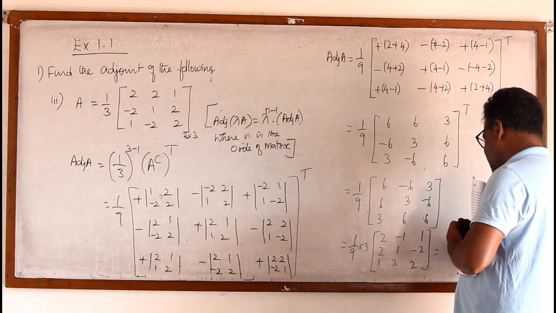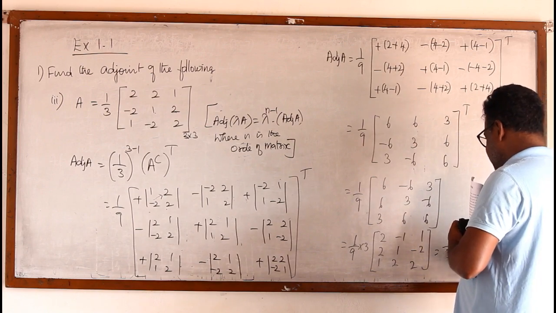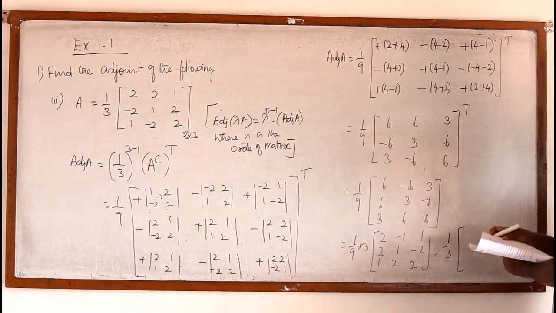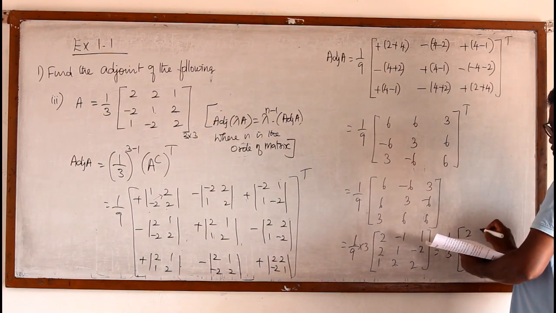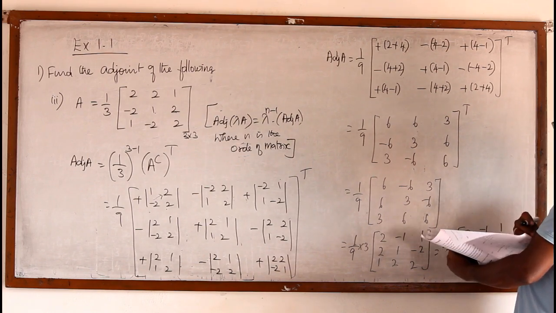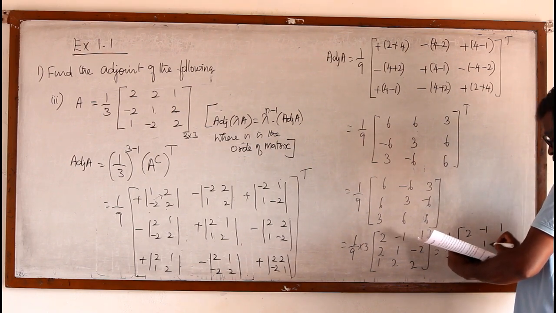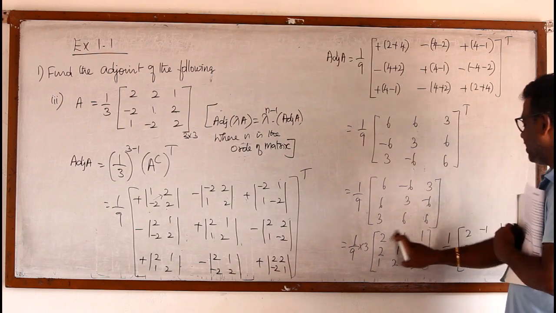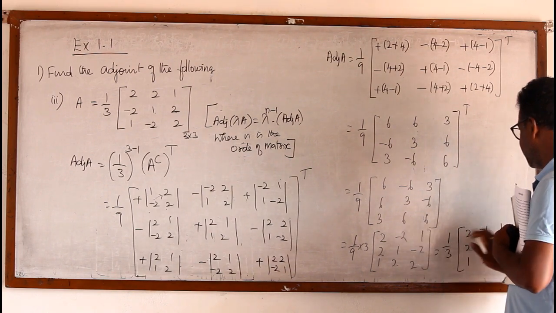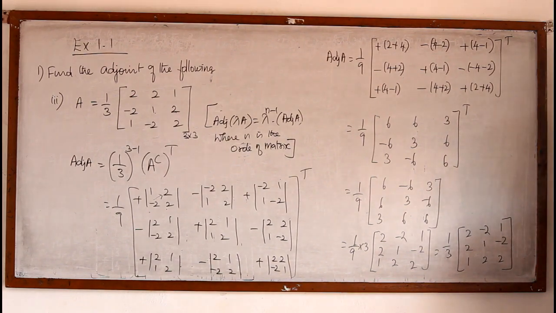So the answer is 1 by 3 into 9, and 3 cancels. So 1 by 3 into 2 minus 1, 1, 2, 1 minus 2, 1, 2, 2. Here if I take 3, this will become 2. So it is minus 2. So this is the adjoint of A.